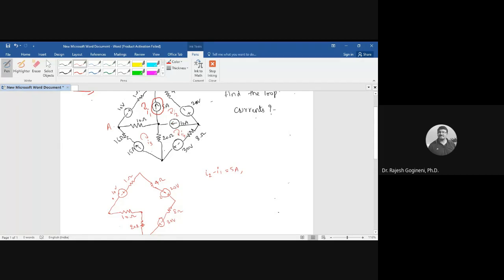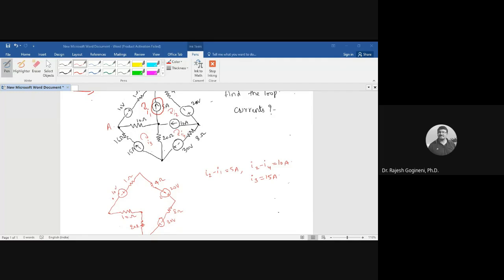And from 2 and 4, we will get I2 minus I4 is 10 amperes. And from the outer loop, we will get I3 is 15 amperes. These are the relations we will get from the super nodes.